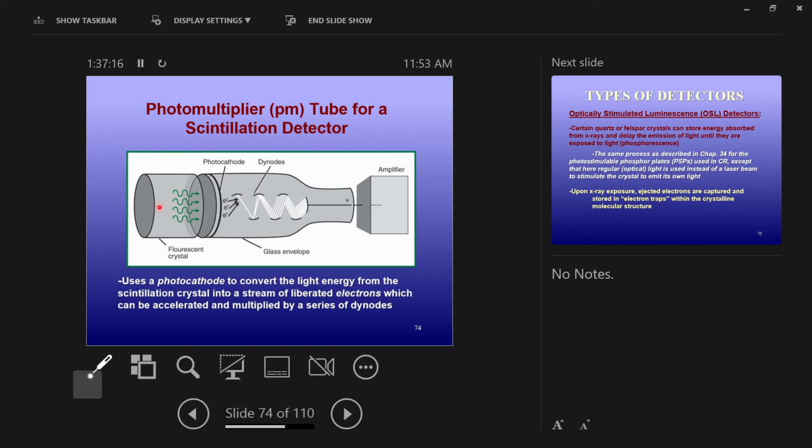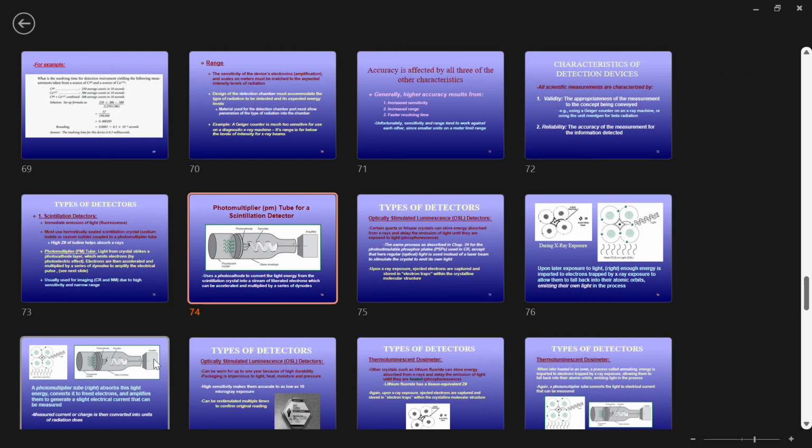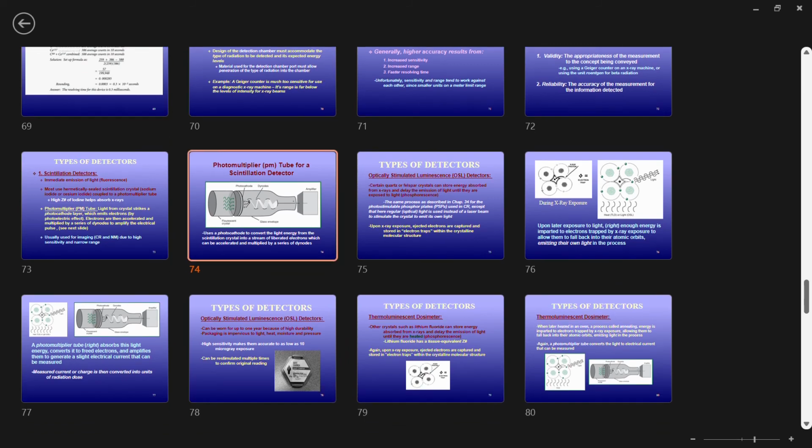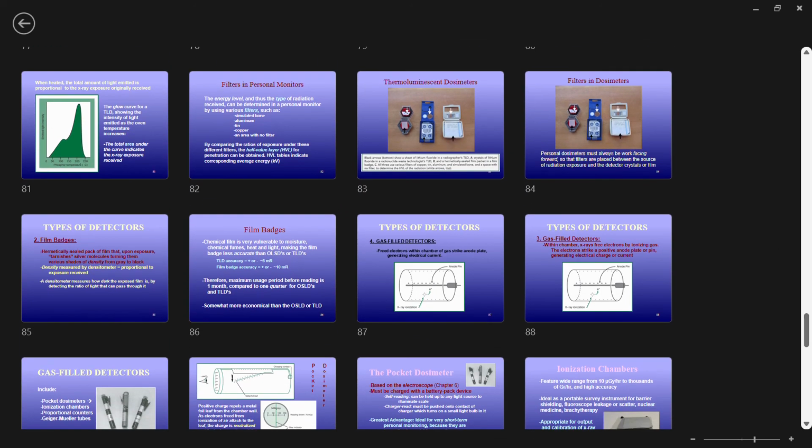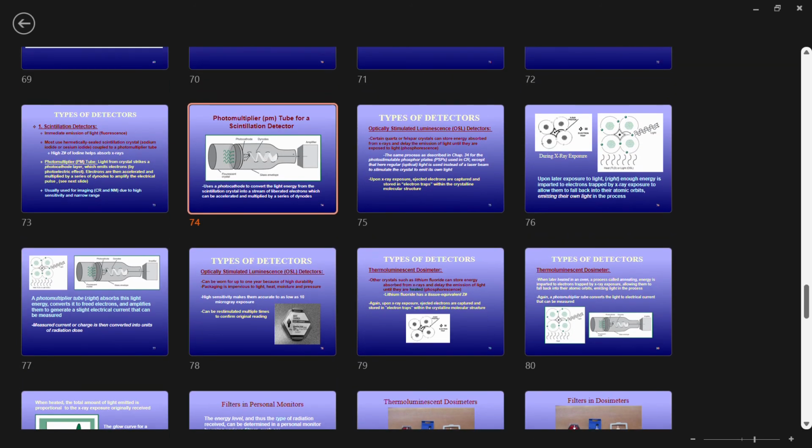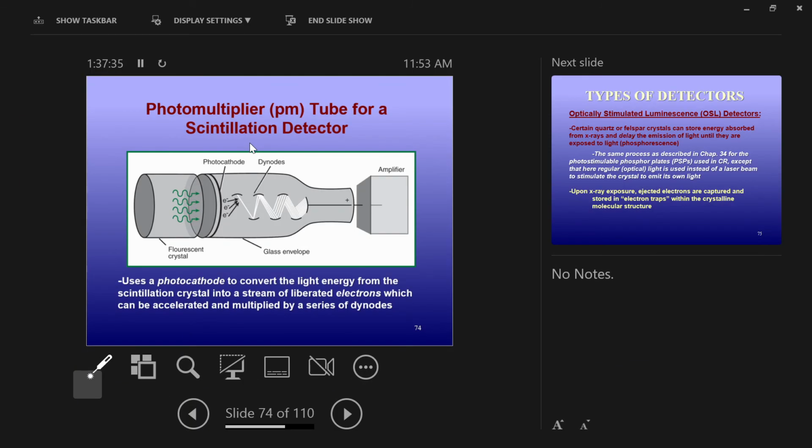So we're just converting one type of energy into another, and then amplifying that. That's the photocathode. This is one of the main principles behind detection devices that are used to measure X-ray intensity.